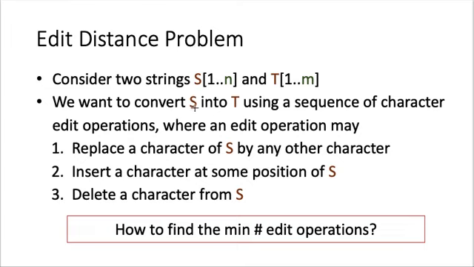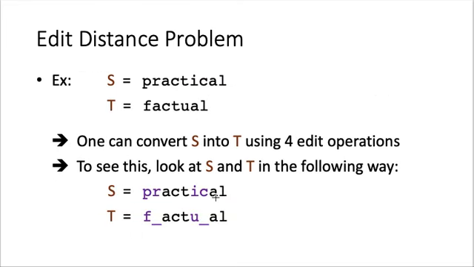Suppose that we have S and T, but this time, we want to convert S into T. We are allowed to perform some character edit operations, where a character edit may replace a character of S by any other character, or we may insert a character at some point of S, or we may delete a character from S. And we want to find out what is the minimum number of edit operations needed to convert S into T.